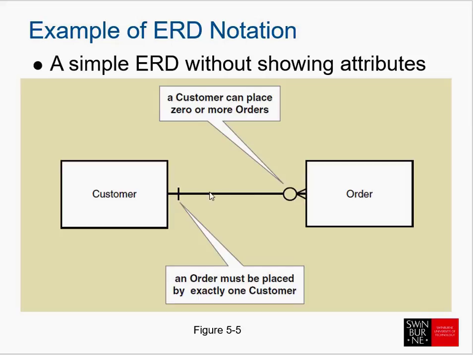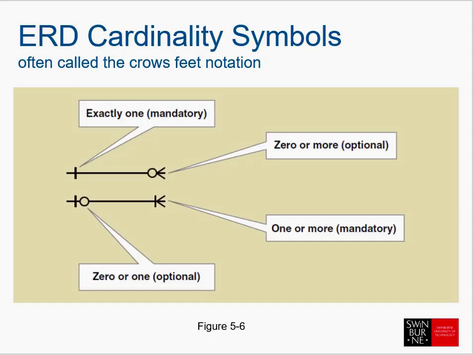So that means that the foreign key which goes to the order entity is kind of not mandatory, right? So that is what this diagram means. The cardinality symbols, as we discussed in our database unit, we can use to model our relationships.